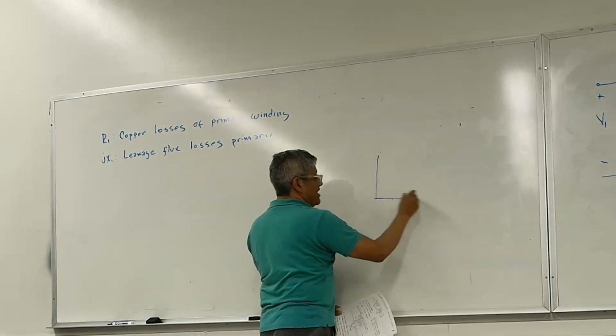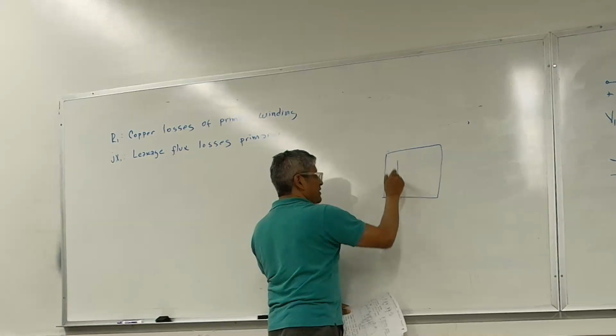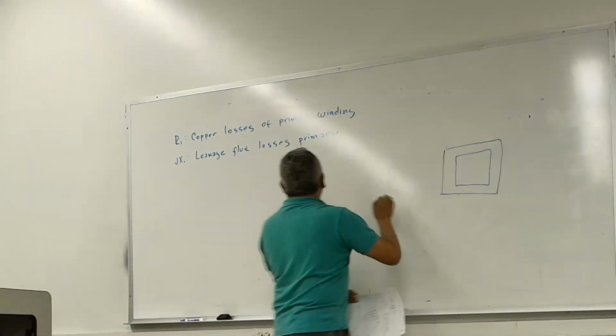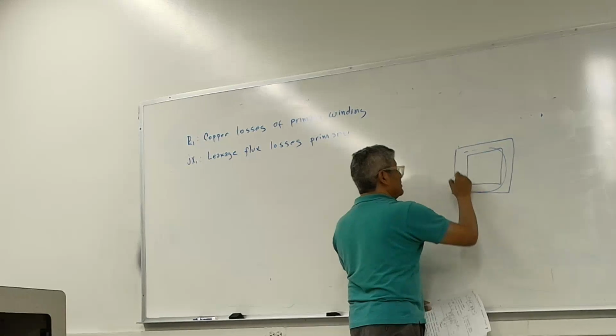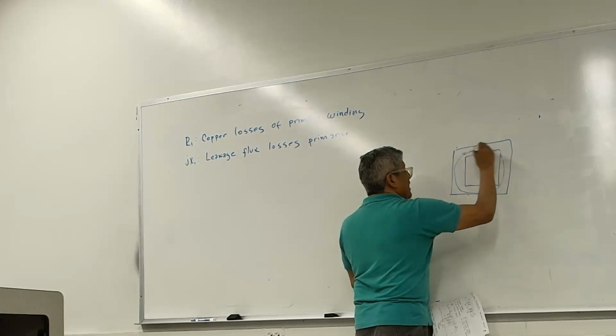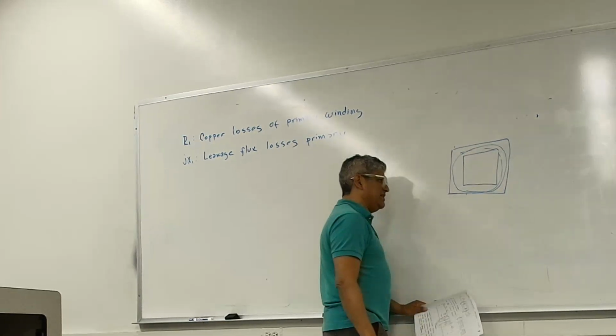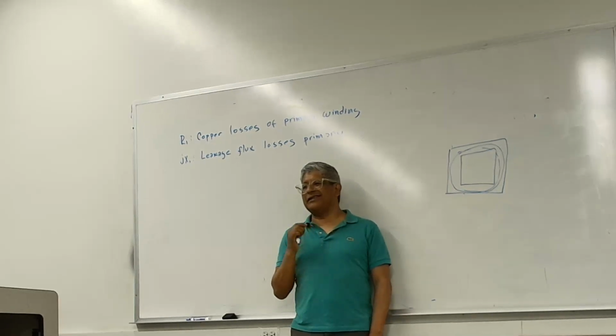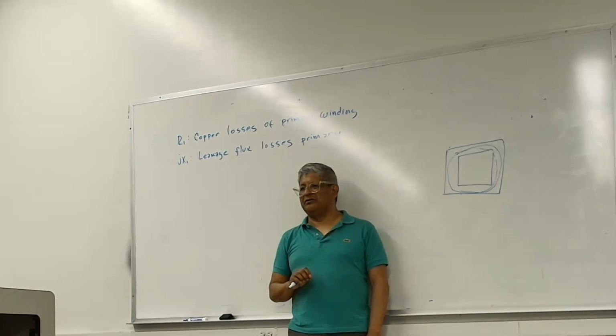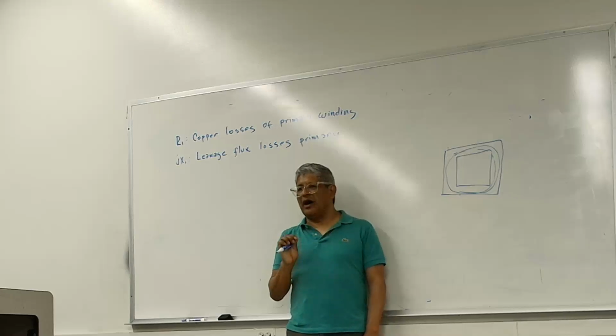Remember we talked about that a little bit when we were talking about electromagnetics, and I mentioned the leakage flux. In the ideal transformer, the flux lines stay within the core. No flux lines go outside the core.